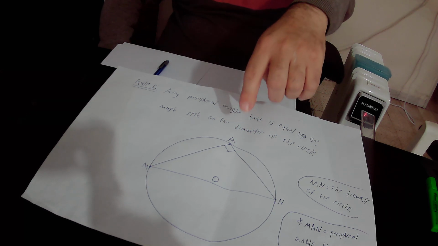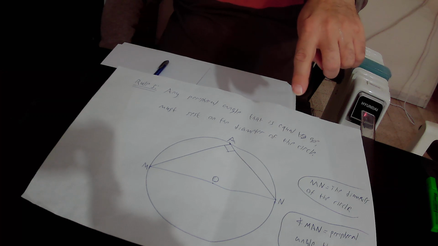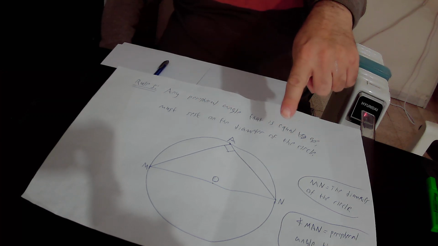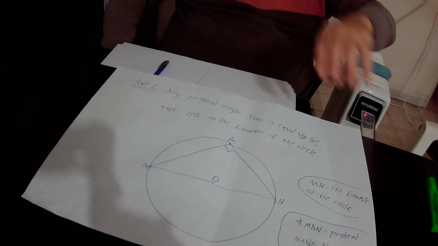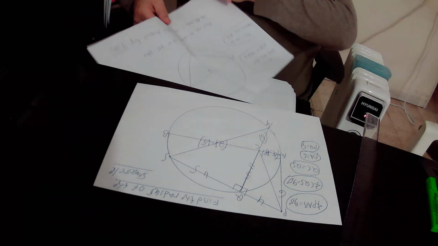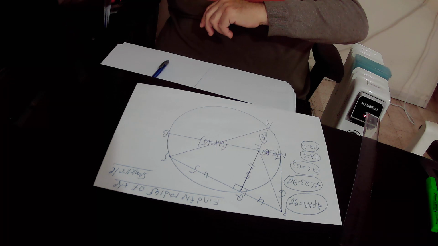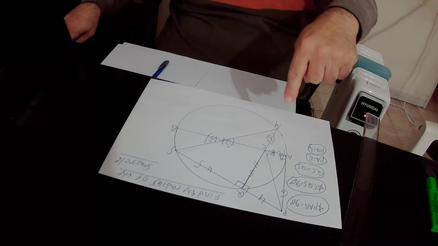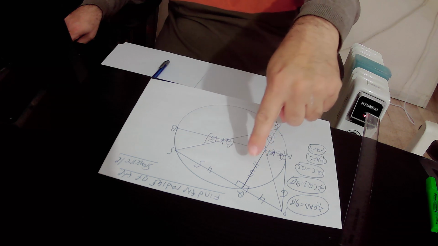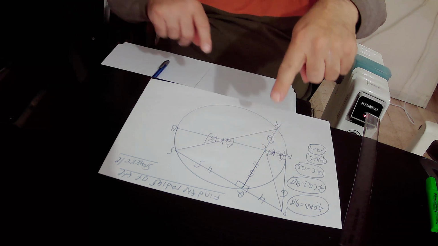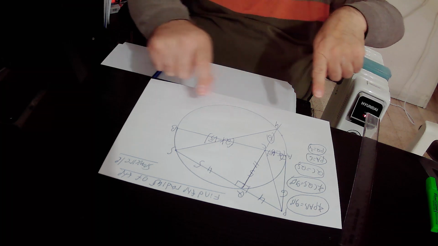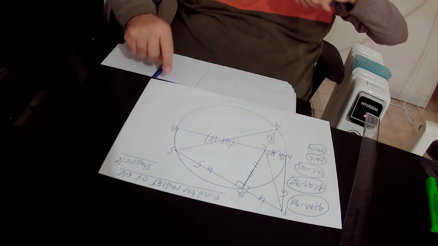Therefore, MN is the diameter of this circle. So we can implement rule number 5 in our drawing. Why? Because in our drawing we have peripheral angle MQS equal to 90 degrees. Therefore, MS is the diameter of the circle.